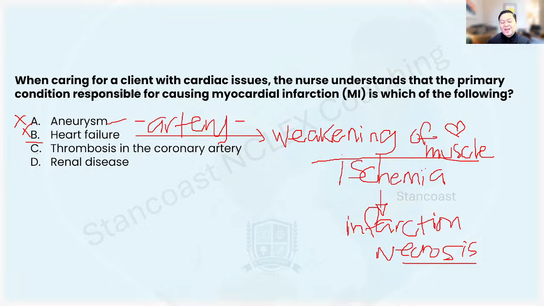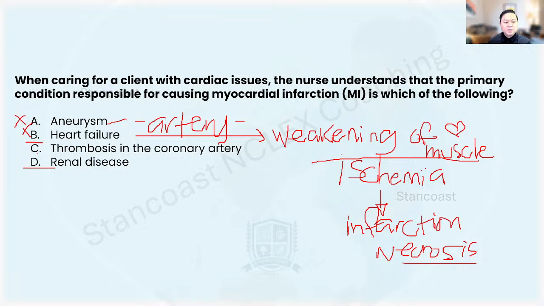So when that happens, it can possibly lead into congestive heart failure, because the muscle is no longer viable. It will not be able to do its job in pumping the blood from the ventricle into the systemic circulation if we are talking about the left side. Again, going back to that complication leading to heart failure.